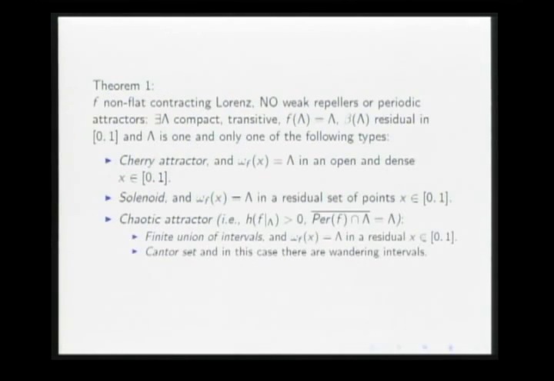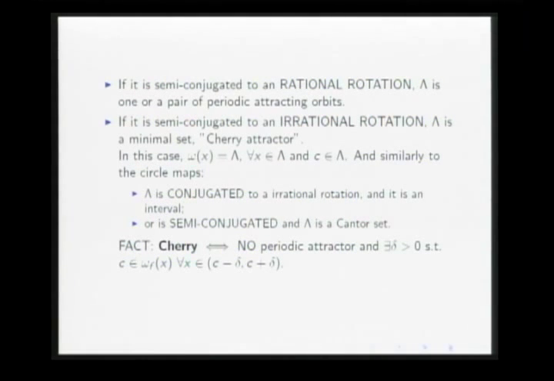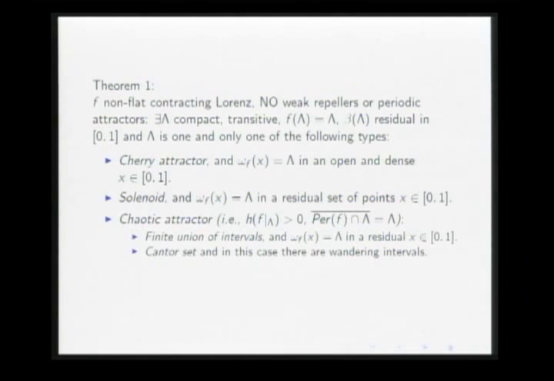So by now we understand what happens when we have infinitely many times renormalizable Lorenz maps, infinitely many times with a gap map, but something else can occur because perhaps you do not have a gap map in the last renormalization. So in what else happens, what we finally have is this theorem.